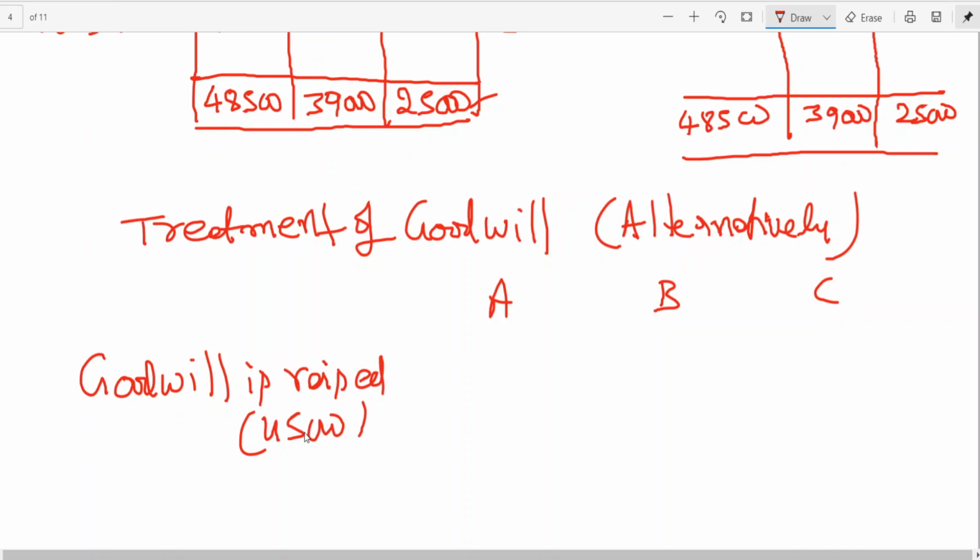So what am I doing? 45,000 into 3 by 5, 27,000 is credited. 45,000 into 2 by 5, it is coming to 18,000. When goodwill is raised, which ratio should you follow? Old ratio. Here I am writing old ratio.